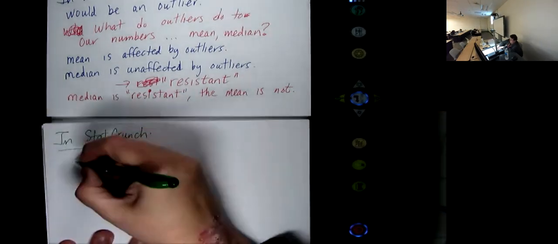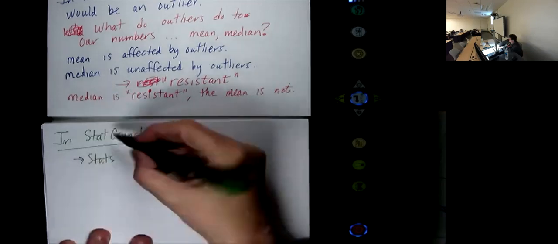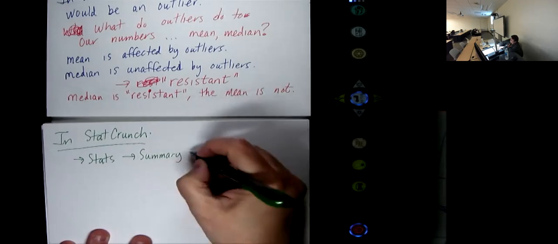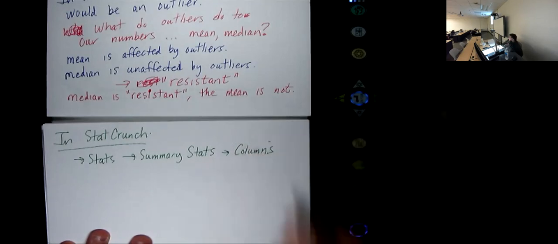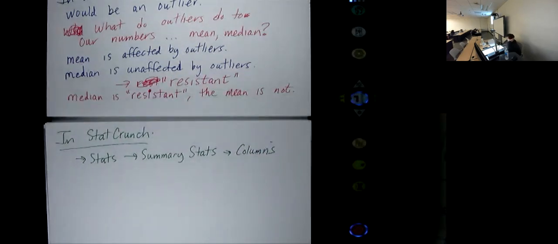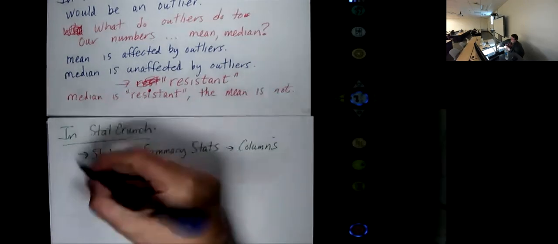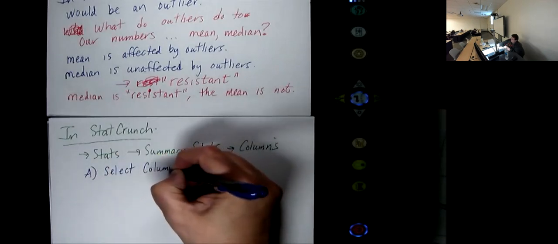We are going to click on stats, the drop-down menu for stats. Then we'll click on summary stats. And then columns. We as a people tend to sort entries as rows. So like if we want the mean of something, it's all in one column. Once you're on that menu, you want to select the columns that you want.